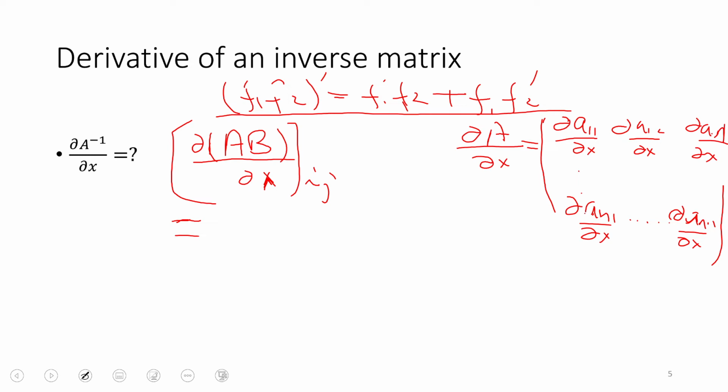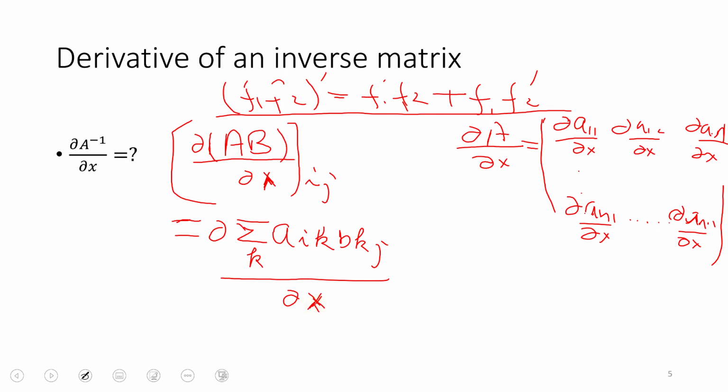We saw the product earlier, right? So that's the summation over k from 1 to n of A ik times B kj. That's the ij element. And then you take the partial of this with respect to partial x.